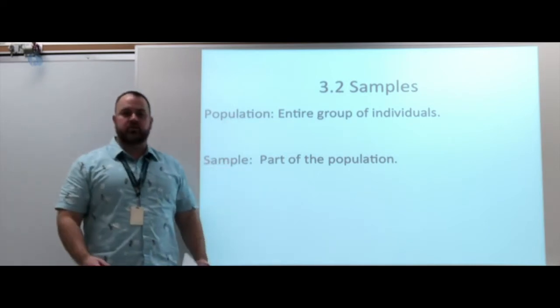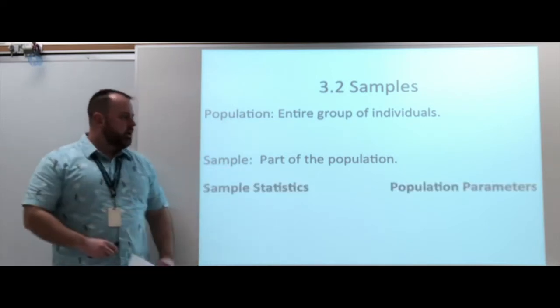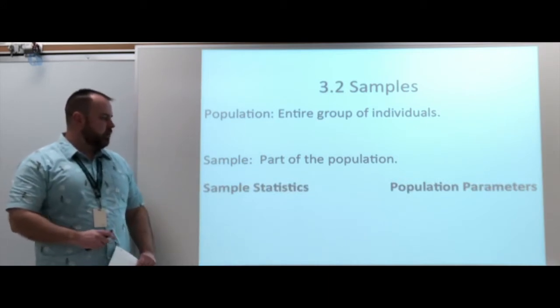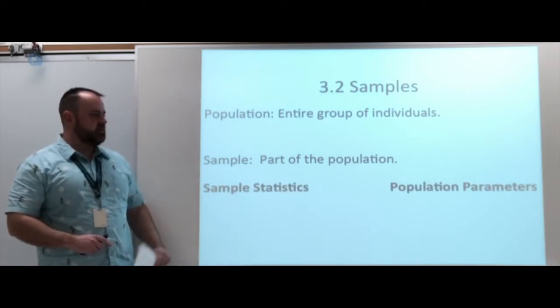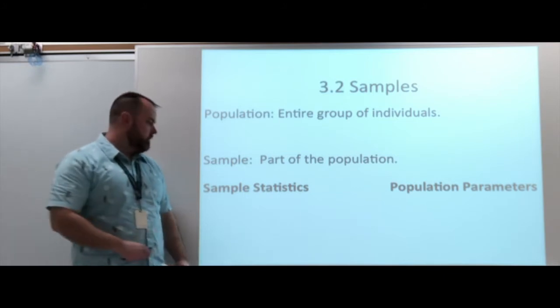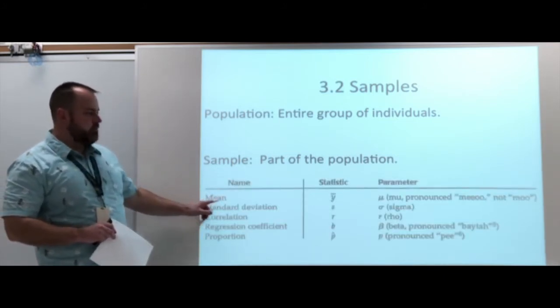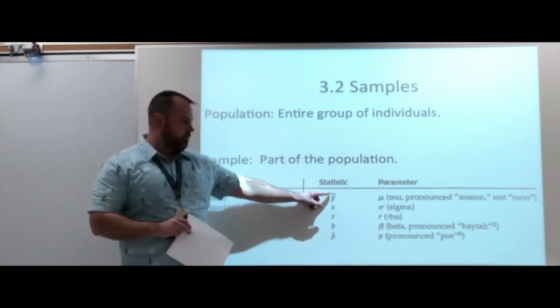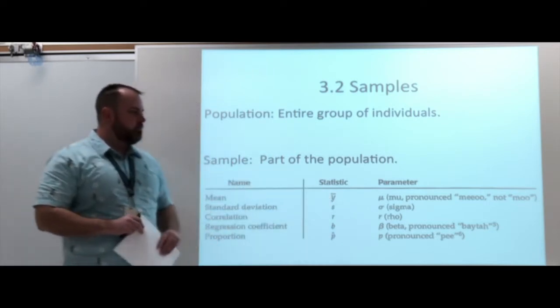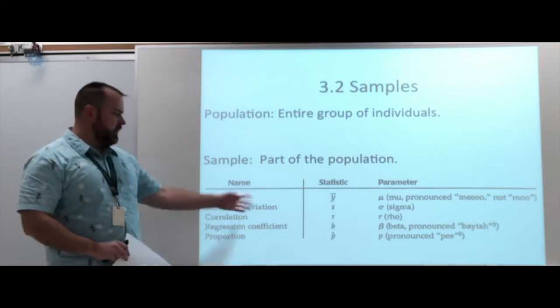In statistics, we use a lot of symbols, and I'm going to introduce a couple of them real quick. Okay? We have sample statistics, we have population parameters. When we're talking about the statistics, we have the mean, we have the variable bar, which in this case is y bar, and mu is the parameter. Okay, I'm going to let you read through those.